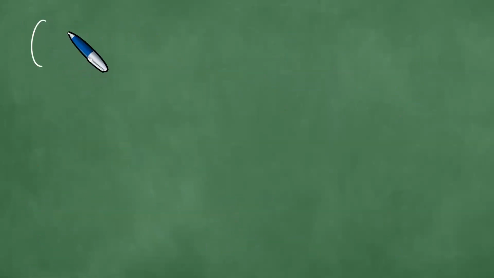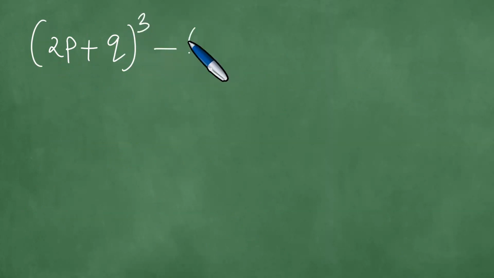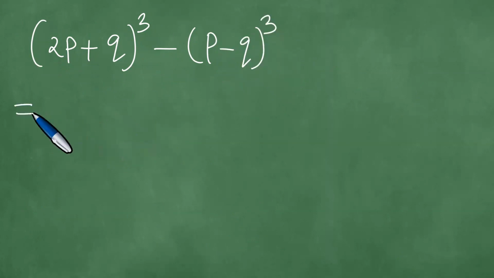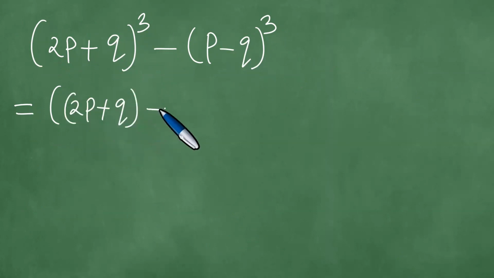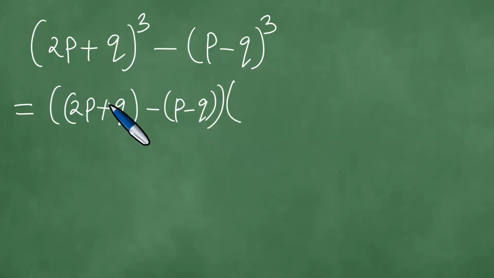We then have 2(p + q) cubed, minus (p - q) cubed. If we cover the cubes, we shall then have 2(p + q) in parentheses, (p - q) in parentheses.